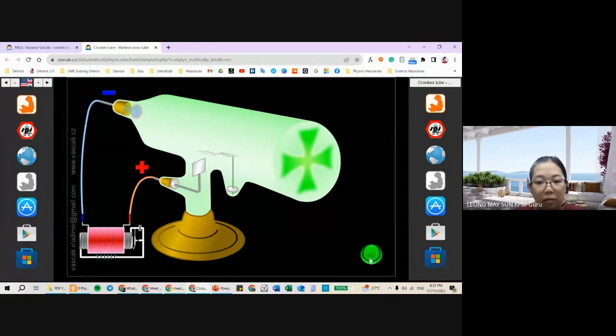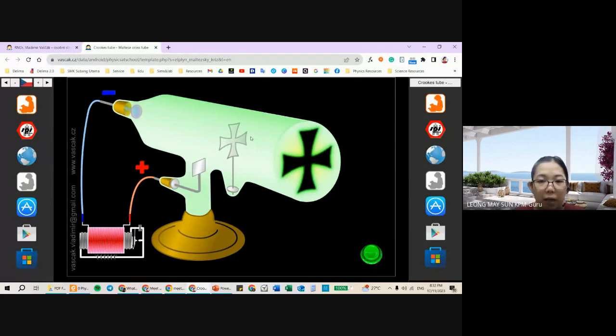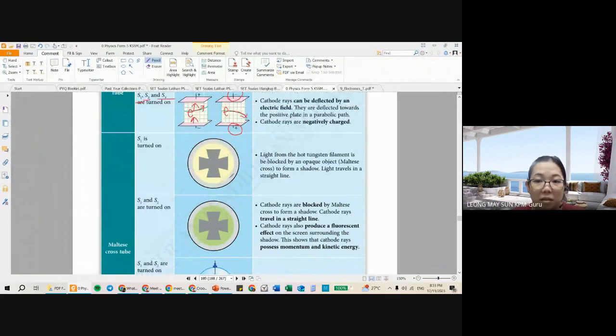But if the Maltese cross is situated at this part, blocking it, then when the cathode rays are accelerated and hit the screen, the screen will turn fluorescent. The main reason why it's green is because the cathode ray hits a fluorescent surface.